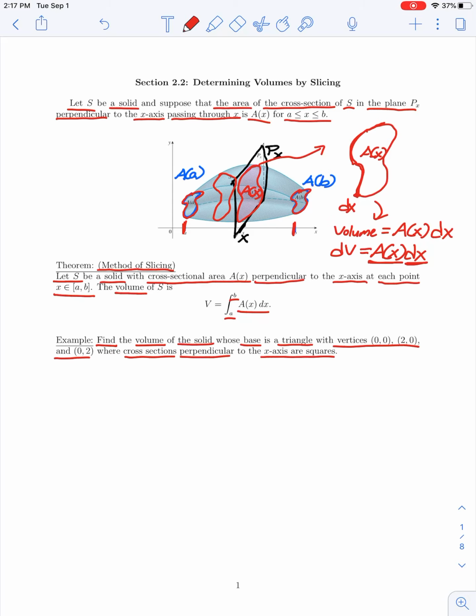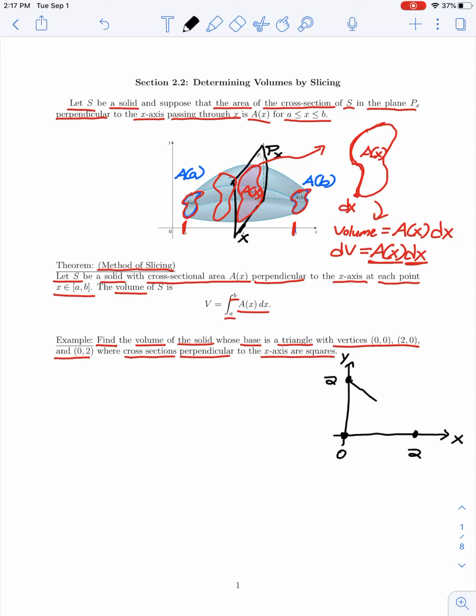So for these problems, it's often very helpful to sketch the region that's being described. And in this problem, we have the base of our solid as a triangular region whose vertices are at (0, 0), (2, 0), and (0, 2).